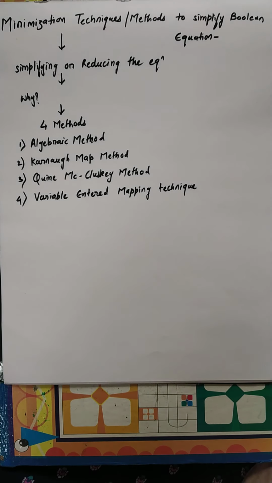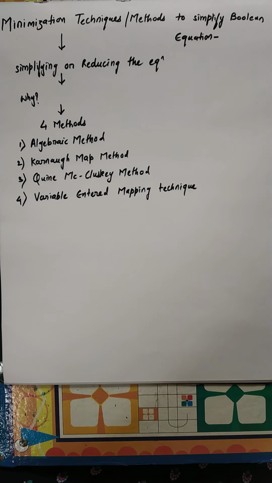The algebraic method is the first method which we use for simplifying the Boolean equation, right? In the algebraic method, we simplify the Boolean equations by using Boolean laws and De Morgan's theorems. In the previous lecture we had already seen what Boolean laws and De Morgan's theorems are. There are a number of Boolean laws and De Morgan's theorems, and by using them we can simplify the equation.